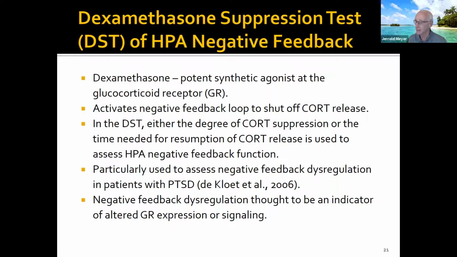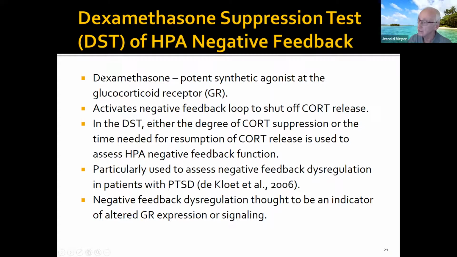It does not get very effectively into the brain, so it's mostly working at the glucocorticoid receptors in the pituitary gland. The pituitary gland is not protected by the blood-brain barrier, so it is subjected to circulating substances, drugs, hormones, etc., that may be at least partially restricted from entry into the brain, which includes dexamethasone.